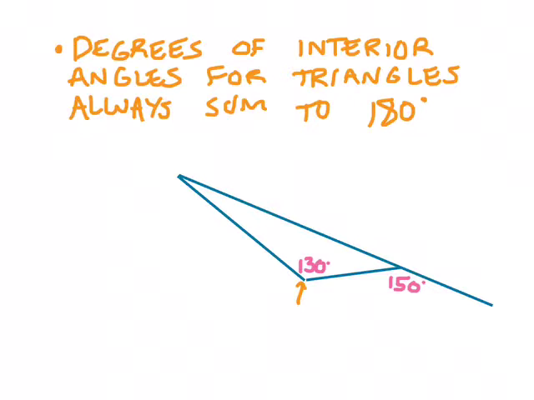So I can start by finding this missing angle here, because I recognize that it's a supplement with this 150 degree angle. Therefore, the missing angle has to be 30 degrees. Again, using my 180 degree rule, I can say, well, if I have 130 and 30, I've got 160, so the missing angle must be 20, because again, all triangles are going to add up to 180 degrees. So I've been able to find all my missing angles.